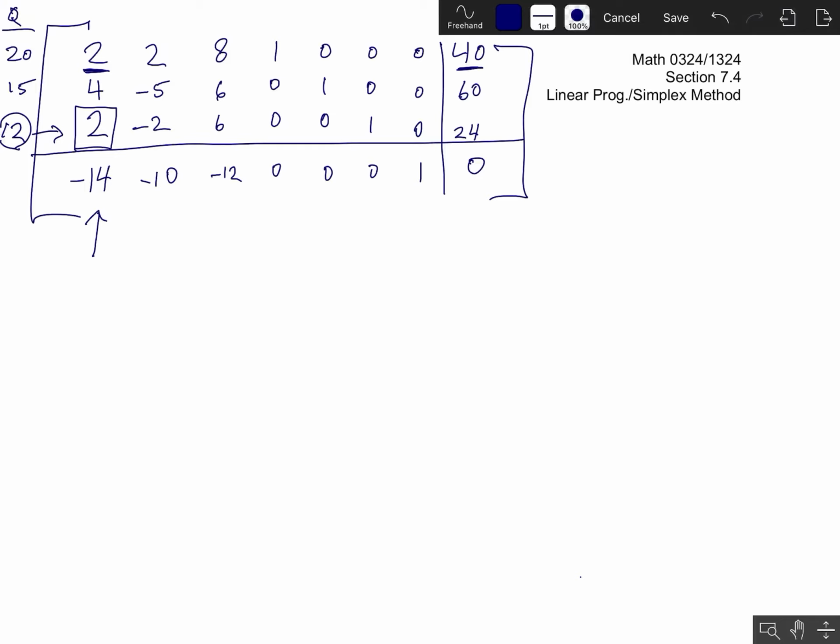We can do this all at once if you'd like. I normally like to separate this into a couple of row operations. So I would say that we're going to take row 3 and divide by 2 in order to turn the pivot into the appropriate value. So let me recopy the matrix real quick.